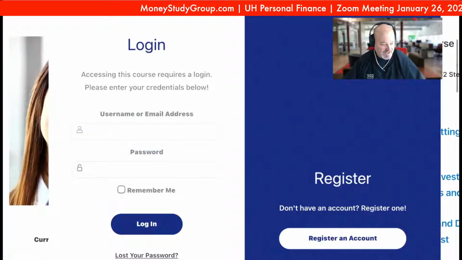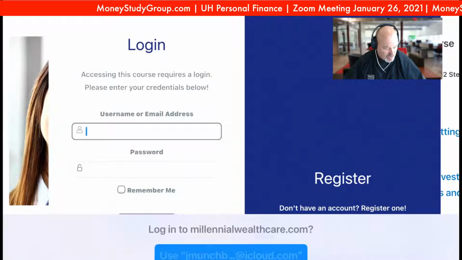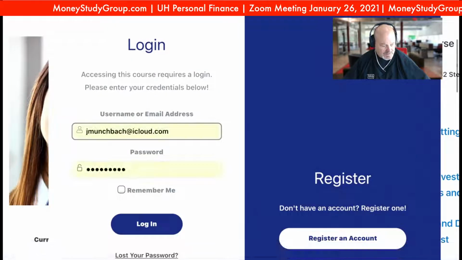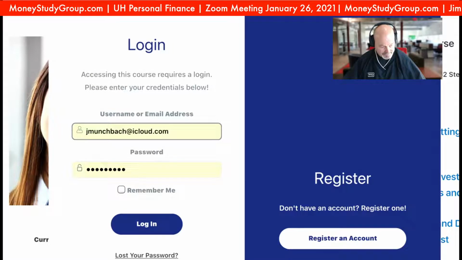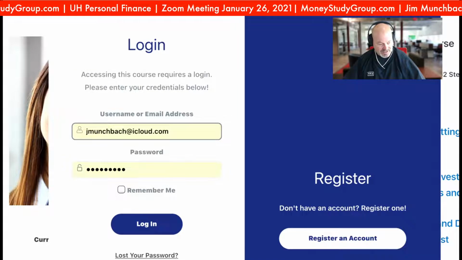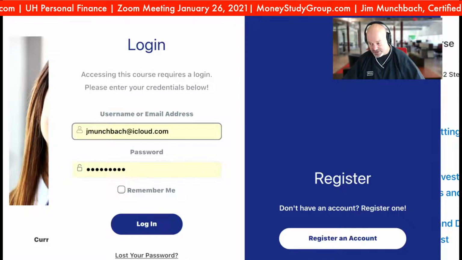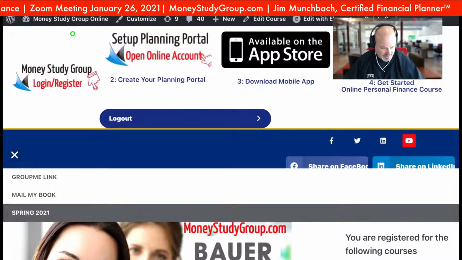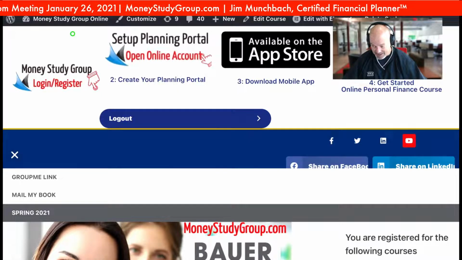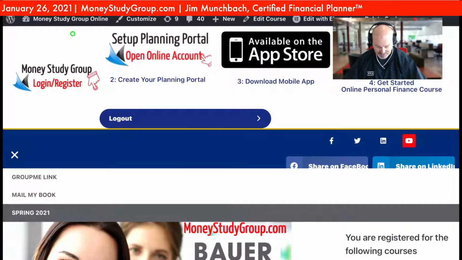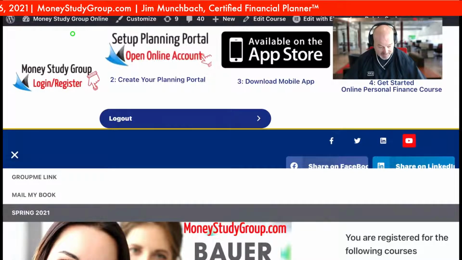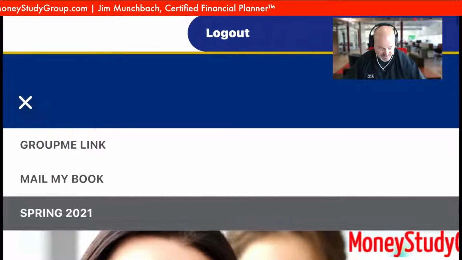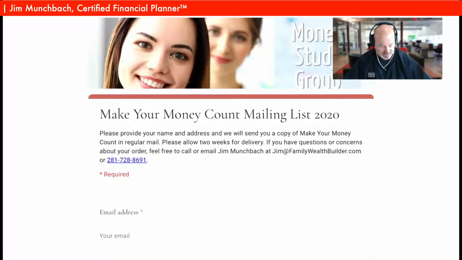First of all, you have to be logged in to the course. So I'm logging in, and when you log in, you'll notice that something changes. Now I'm on my iPad, so if I was on my computer, these would be lined across the top. But you see Mail My Book. When you click on that, it takes you to a Google form.